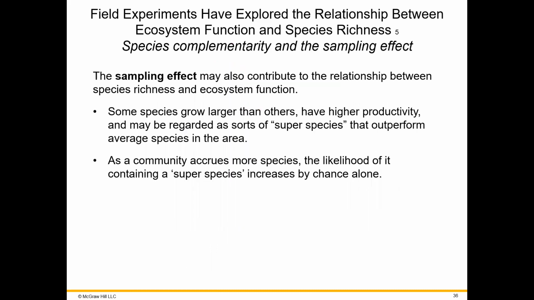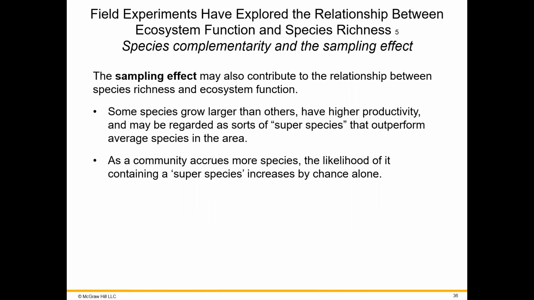So the sampling effect may also contribute to the relationship between species richness and ecosystem function. Some species grow larger than others and have higher productivity, which may make them super species that outperform average species in the area.